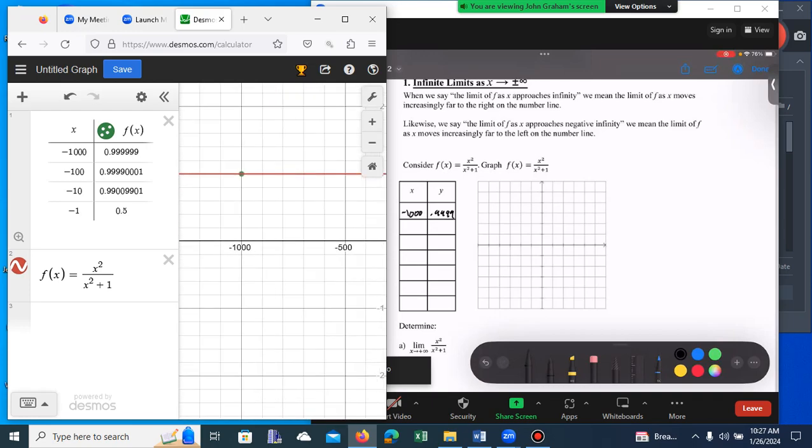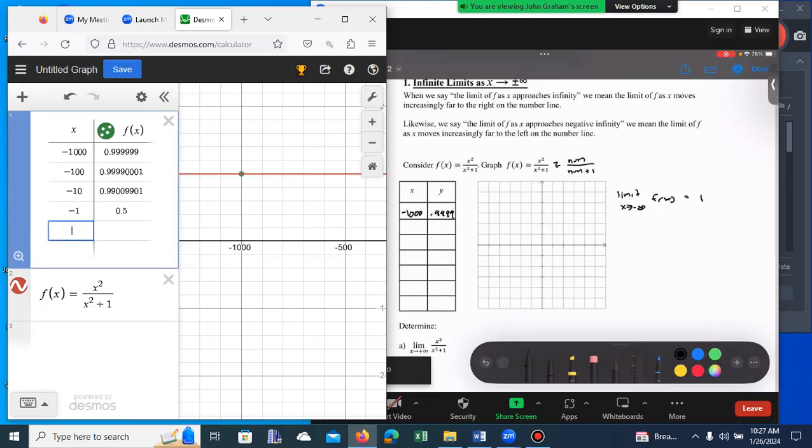So we would say with this that the limit as x goes to negative infinity of f of x is equal to 1, even though this number isn't going to actually equal 1 at any point. If you look at the fraction itself, the denominator is always the numerator plus 1. So it's always going to be a little bit different, but that number starts to get closer and closer to 1 as you go.